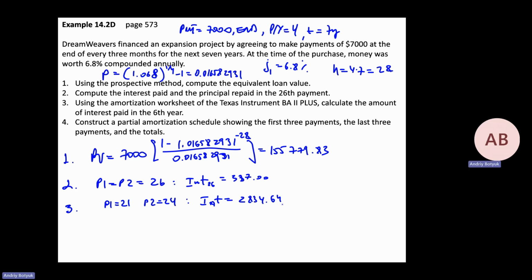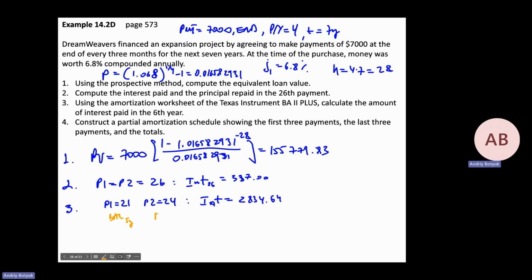Okay, let's analyze what interest is. Interest is the difference between the amount I paid and the amount that was repaid, yes or no? So for that, we would need to know the balance after the 5th year.